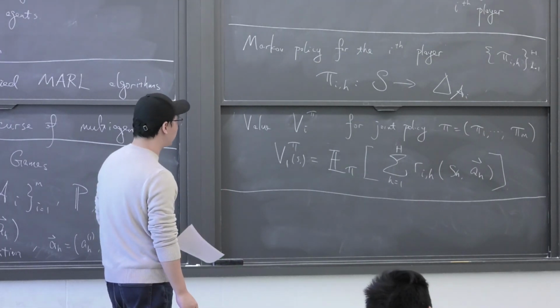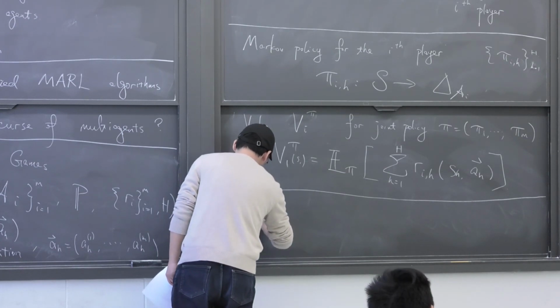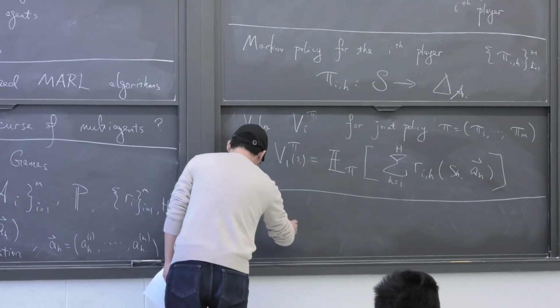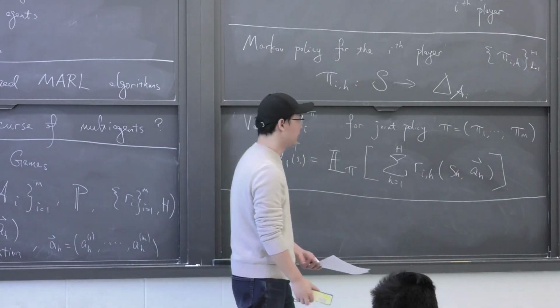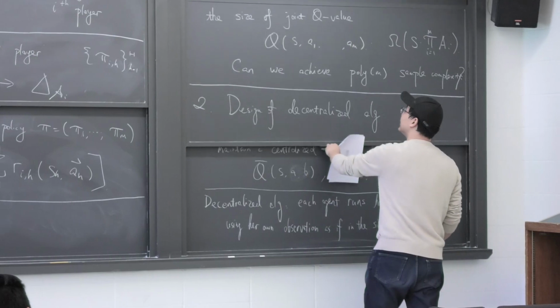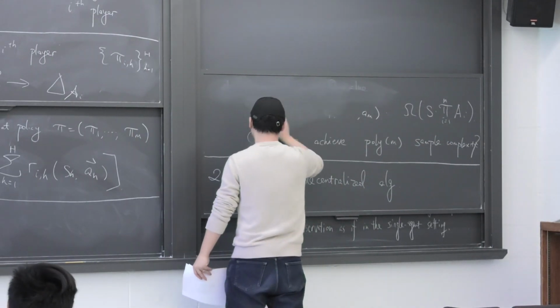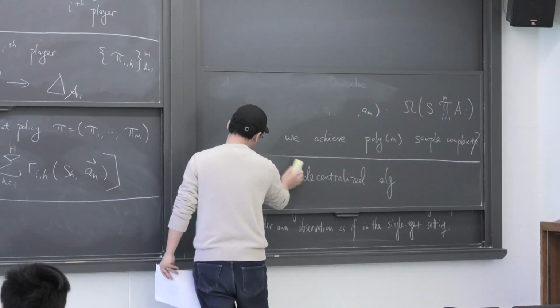So after we talk about the policy and values, we can talk a little bit about the objectives. Remember, in the game setting, the equilibrium is something we want to find. So for the multiplayer general-sum Markov game, we can also define a Nash equilibrium.